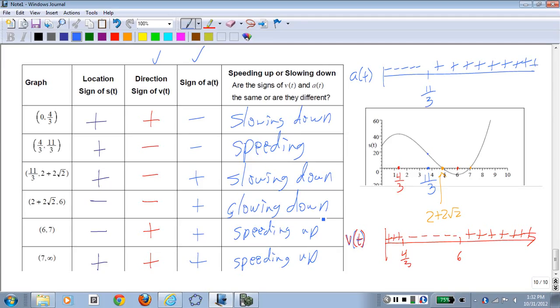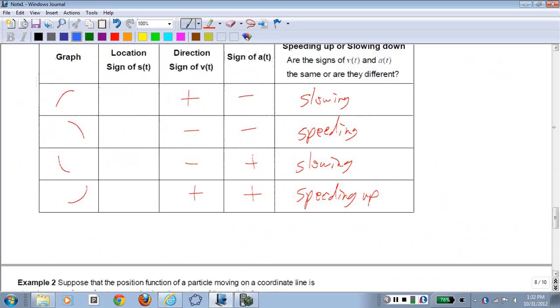Yes, Danny. Do we have to distinguish between speeding and speeding up? No, I just got lazy. That actually doesn't mean the same thing, does it? In general in life that does not mean the same thing.